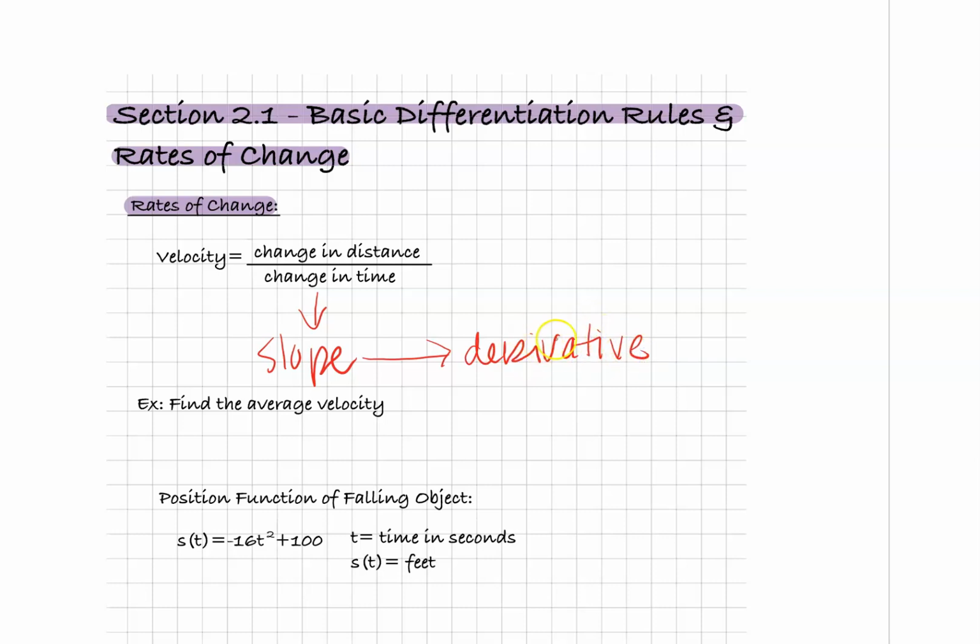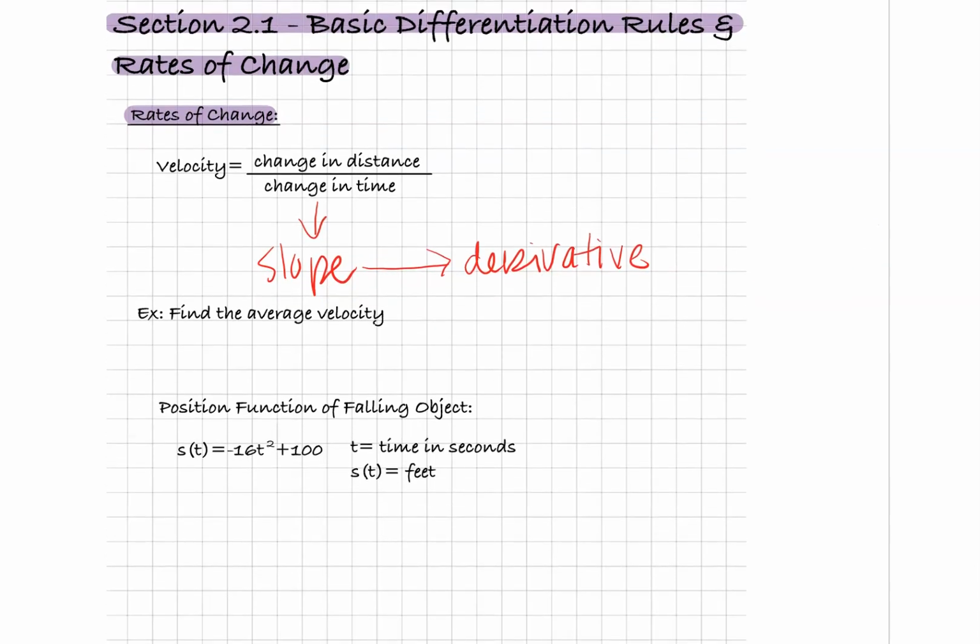And so when I look at this next example, it says keywords are crucial here. Find the average rate of change. I'm finding the average. So if I'm looking at the average, find the average velocity.